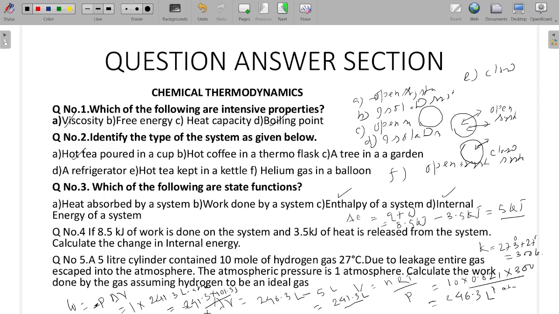In total, this will be 24443.7 joule, that is minus 24.445, or simply minus 24.5 kilojoule. So the work done is this much.